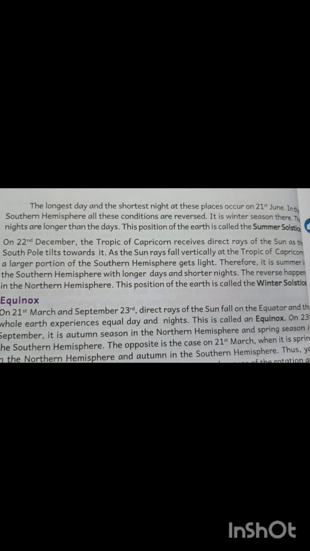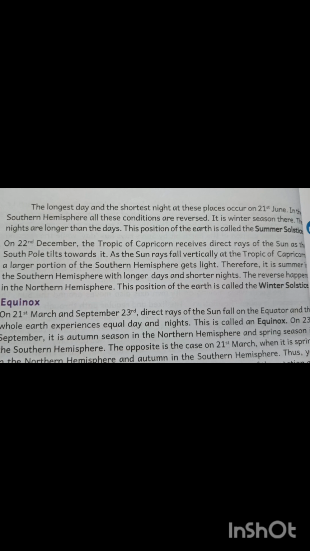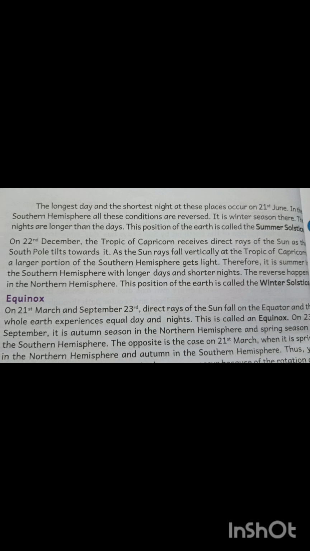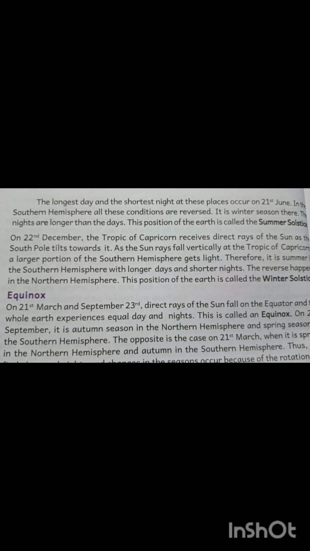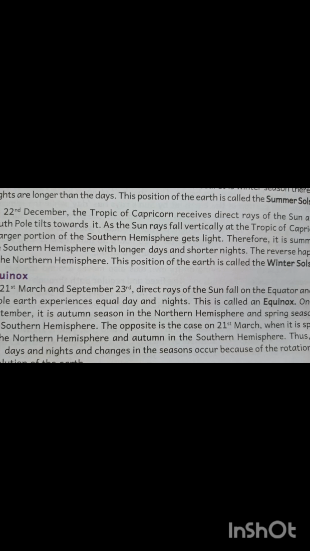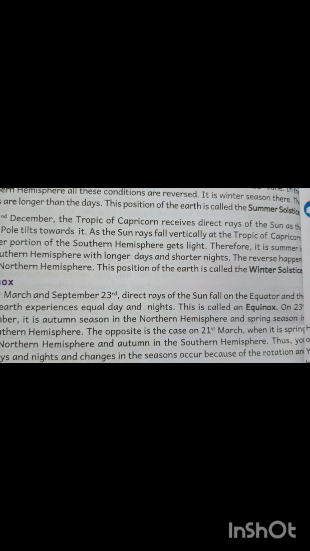Therefore, it is summer in the southern hemisphere with longer days and shorter nights. The reverse happens in the northern hemisphere. This position of the earth is called the winter solstice.